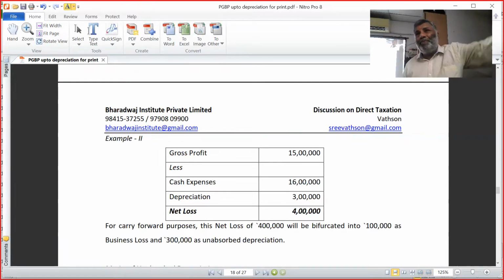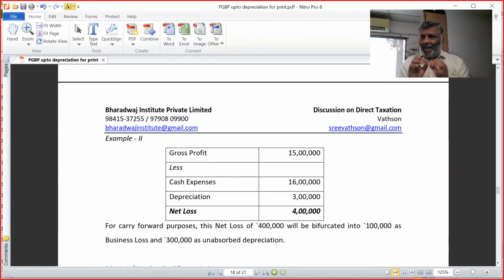Why? Section 80 read along with section 139 subsection 3. Section 139 subsection 3, which we will see in assessment procedure, speaks about return of loss. Section 80 speaks about losses. Remember this.